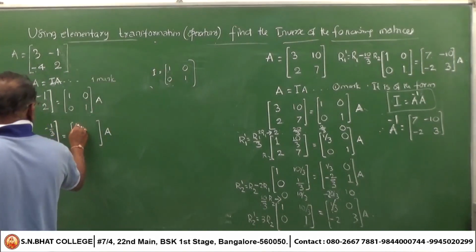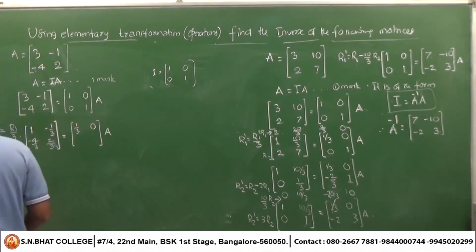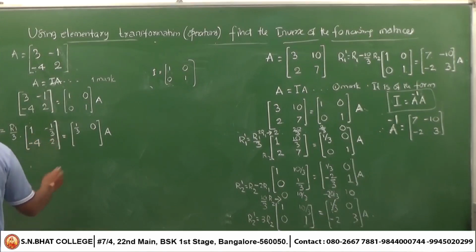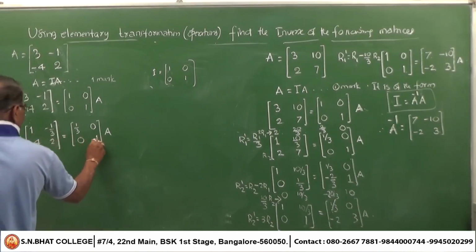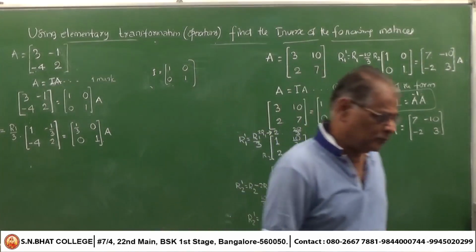Here again R1 is 1 by 3, 0. See, in the second row we are not dividing by 3; we are dividing only R1 by 3. Minus 4, 2, and 0, 1.